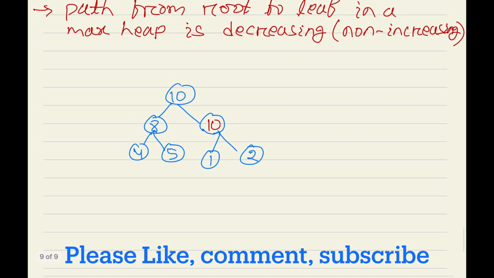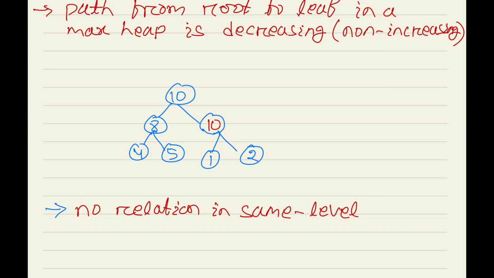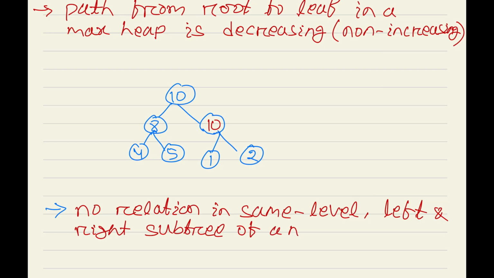Now, another property is that there is no relation between the nodes or key values in the same level, or between the left and right subtree of a node, or between the left and right child of a node.